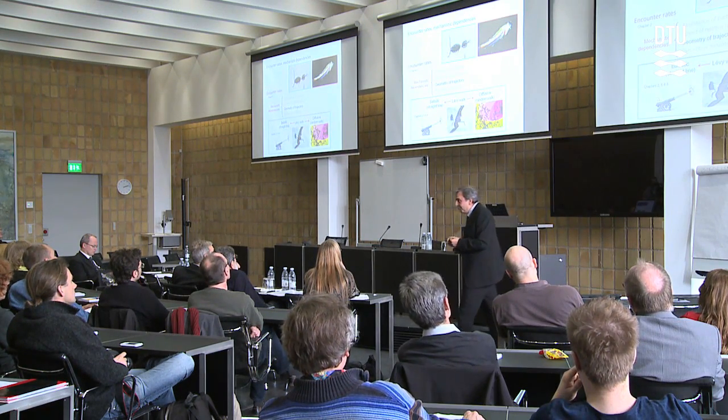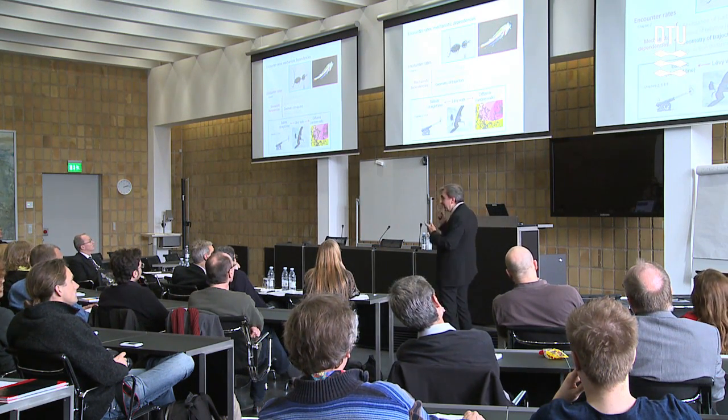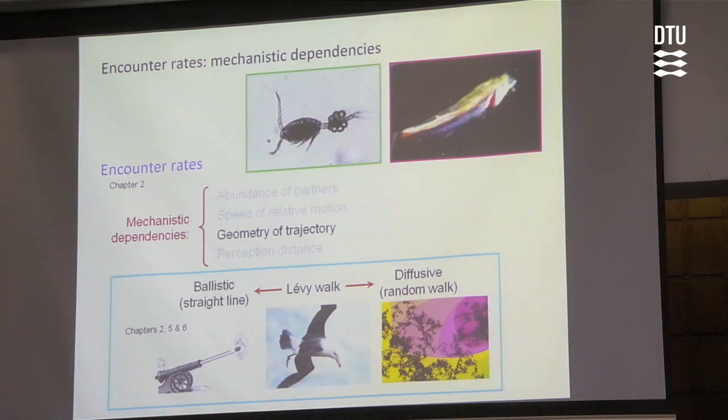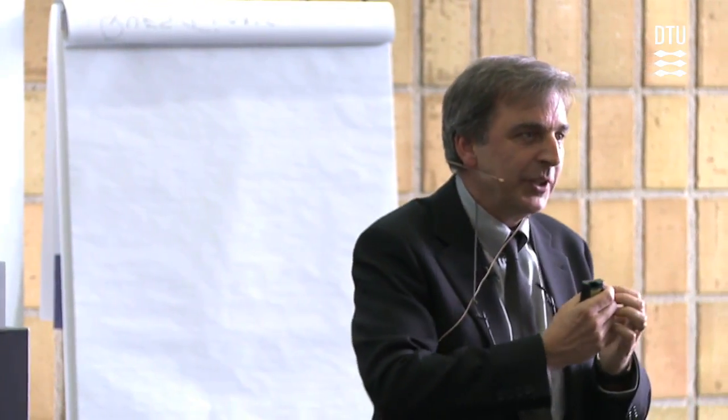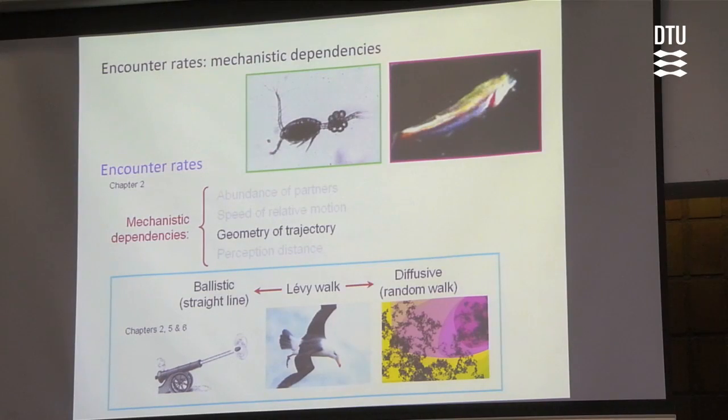Geometry of trajectory. I spend a lot of time on this, and it might seem a bit nerdy, but it's actually a fascinating field. What is the geometry of how an organism passes through its three-dimensional world to search for resources? There's ballistic, which is straight line, and then there's diffusive, a random walk, the drunkard's walk, if you will.